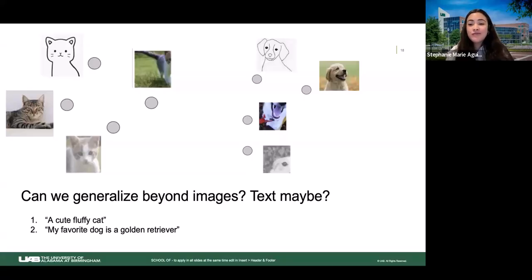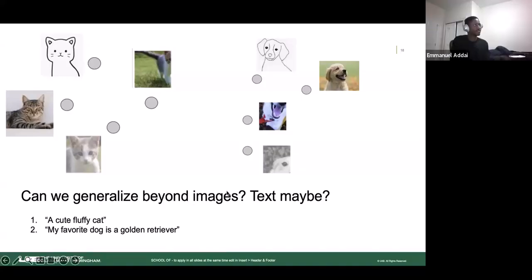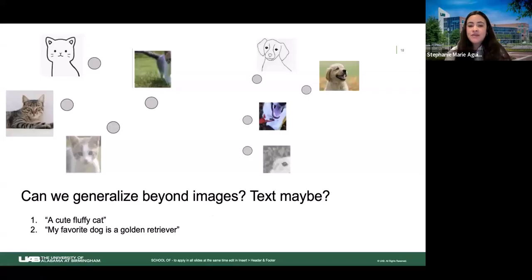So this is a very cute, fluffy cat, or my favorite dog is a golden retriever. You are inputting some information from the text, and then binding it with some of that information from the image. So this is where vision language models come in.